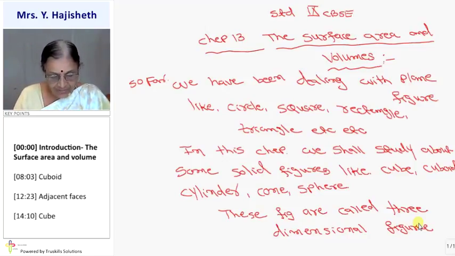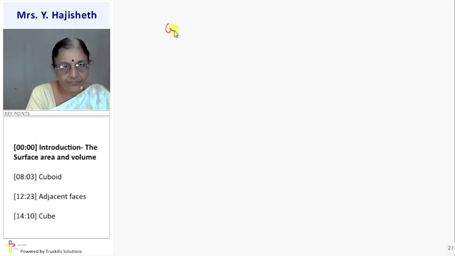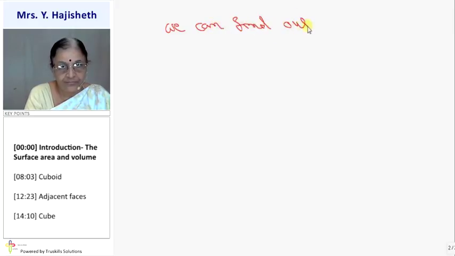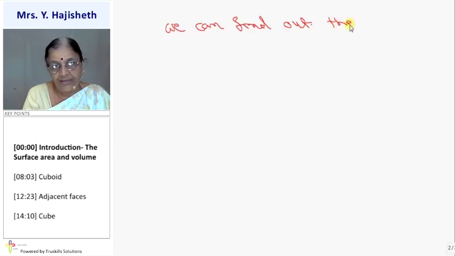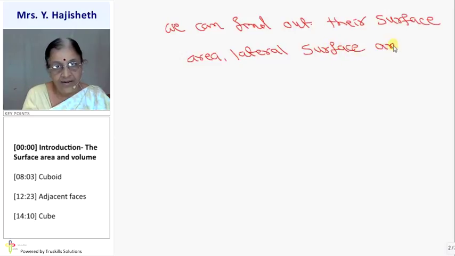And for 3-dimensional figures we can find out their surface area, not simple area, because they do not have a single surface, they are made up of many surfaces. Surface area, lateral surface area, and the space occupied by them can be measured with the help of volume.